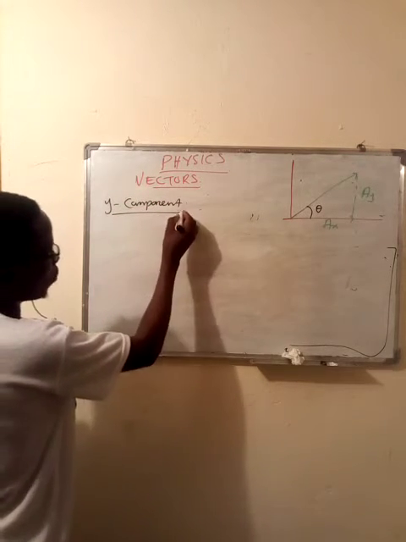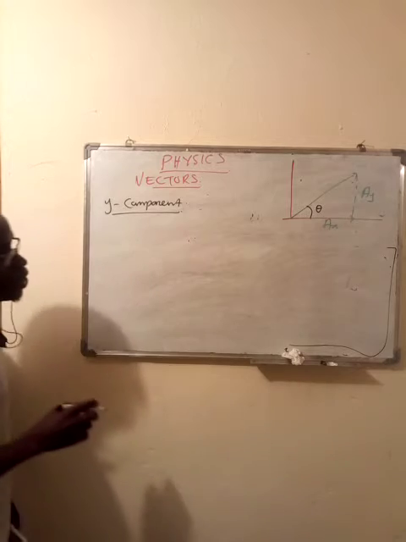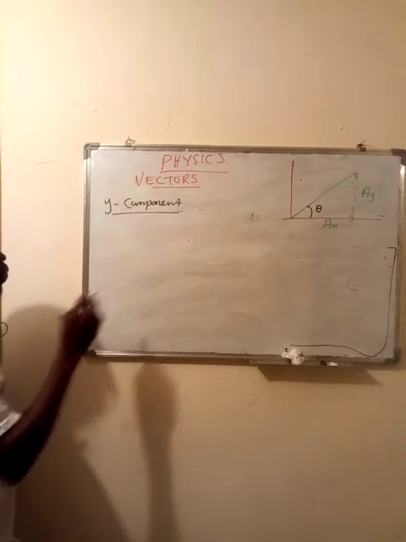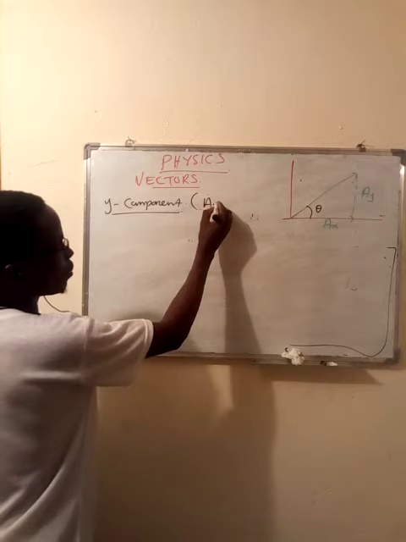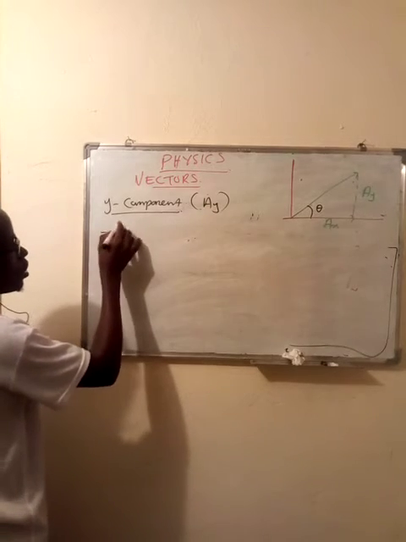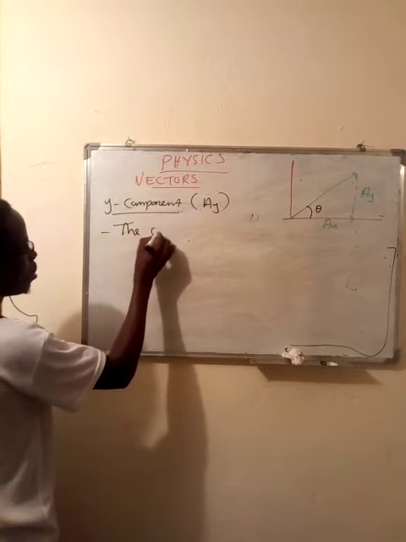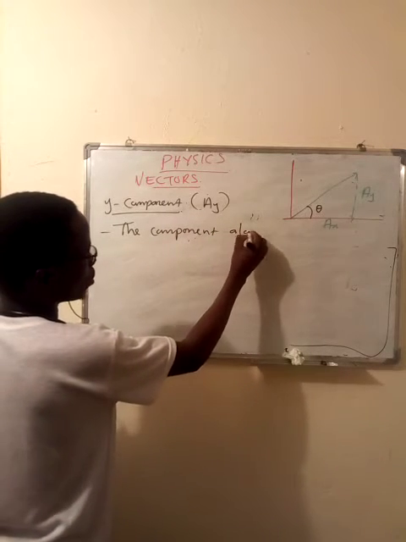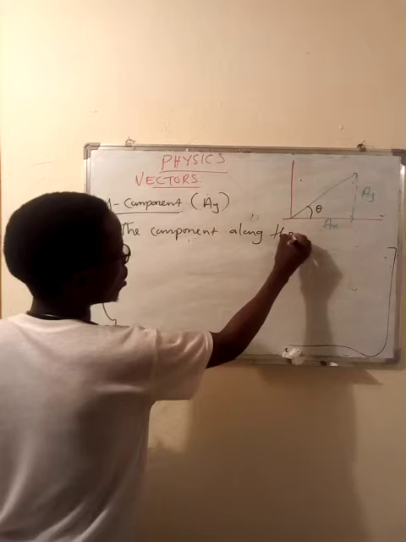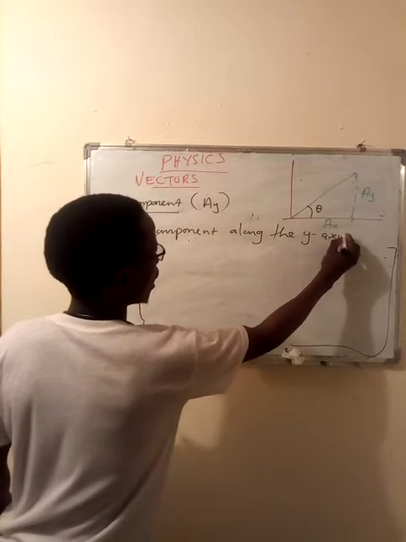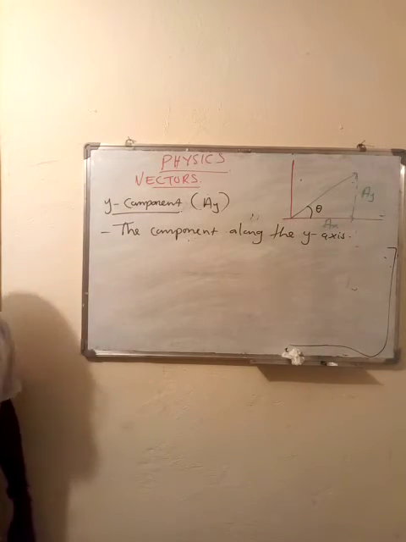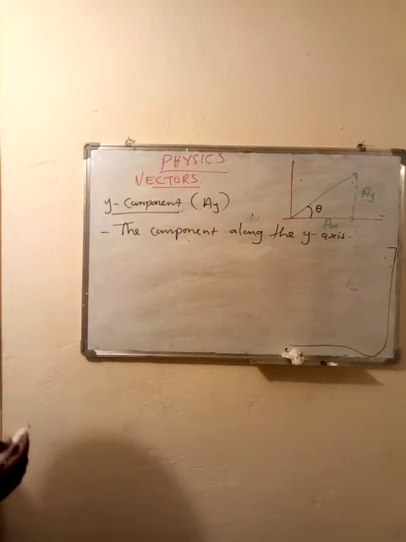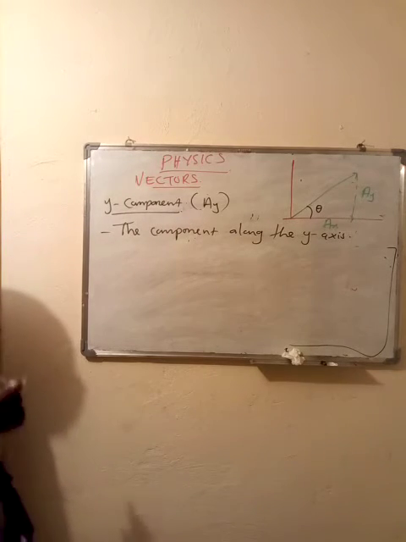The y component is AY. This is the component along the y axis. So the y component of a vector is a component that is along the y axis.